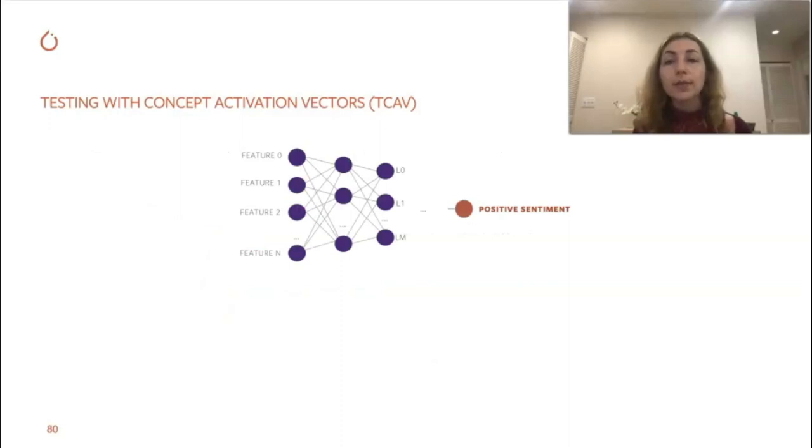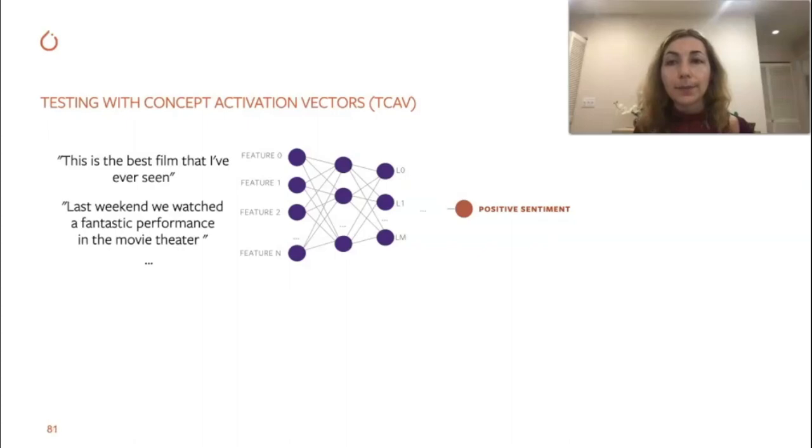In order to be able to explain TCAV, let's take an example model, and let's say that we are given a pre-trained sentiment classification model which outputs a probability sigmoid score indicating whether the text has positive or negative sentiment.